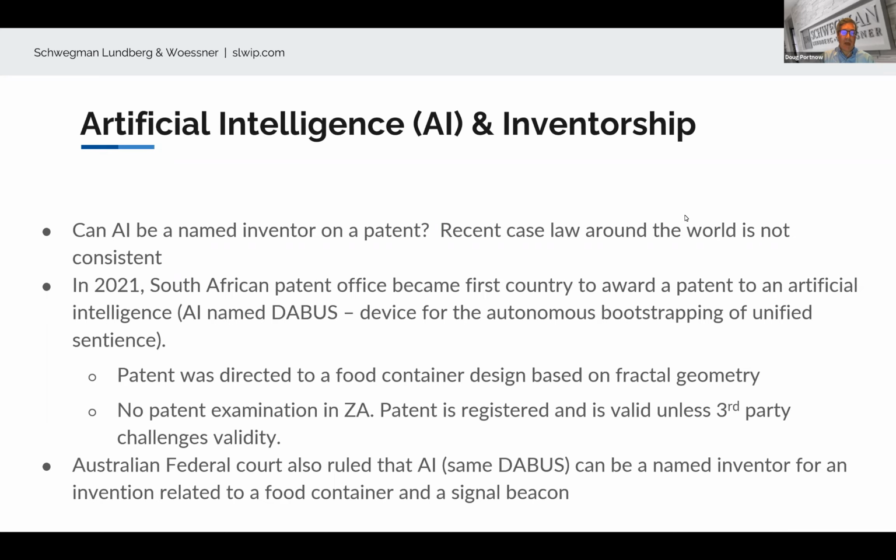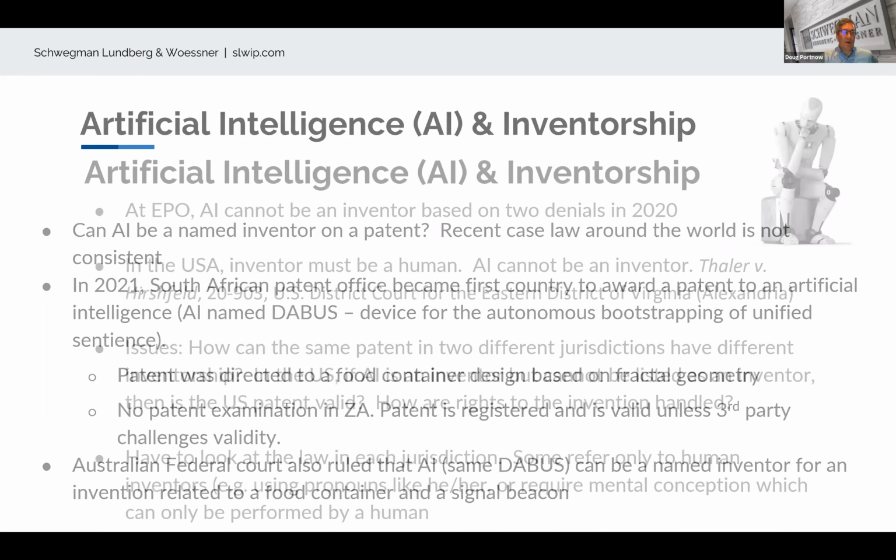Also, that same patent family was filed in Australia, and an Australian federal court held that AI, the same DABUS entity, could be a named inventor for a food container as well as a signal beacon. And then on page 7, slide 17, we move over into Europe.